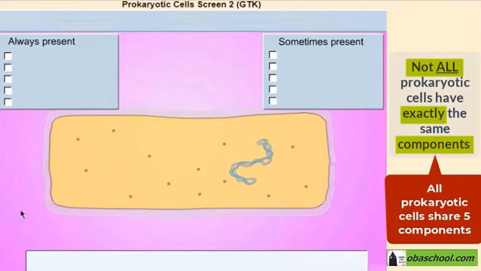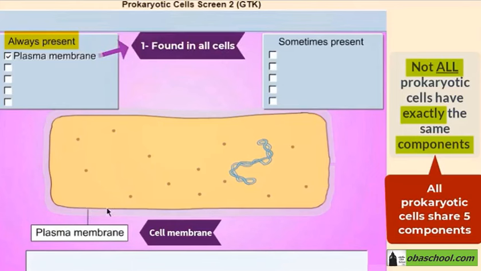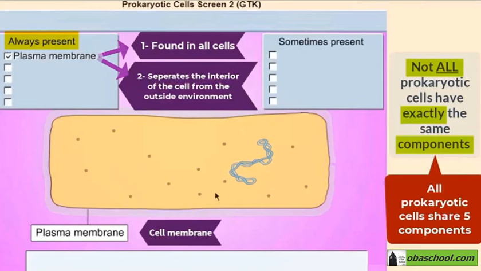And these components that are always present in a prokaryotic cell are, first of all, the plasma membrane, which is also called the cell membrane. This membrane is found in all cells, and it separates the interior of the cell from the outside environment.